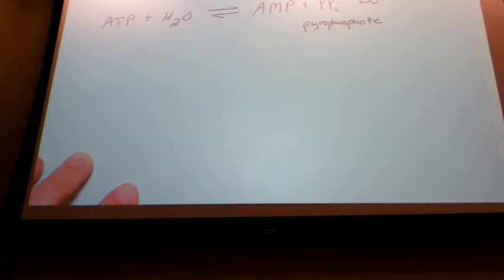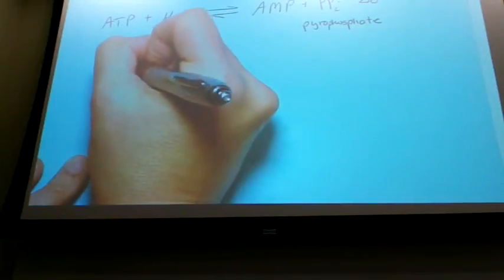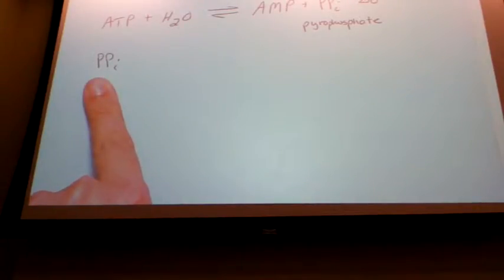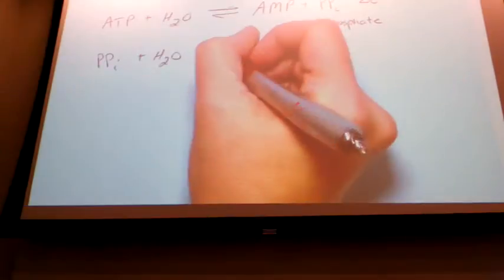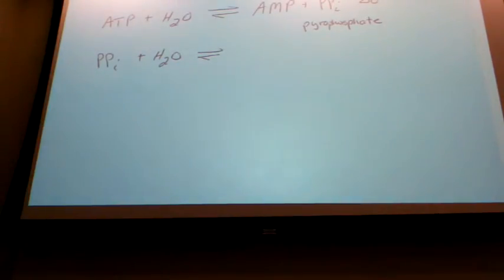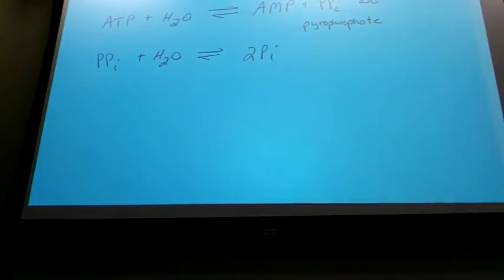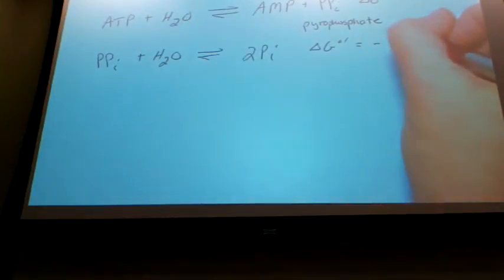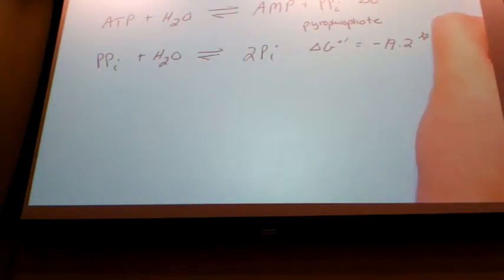The other very physiologically relevant reaction is hydrolysis of the pyrophosphate, and frequently you'll see this reaction coupled with the previous one, where both happen in sequence. If I add water to the pyrophosphate, I get 2 Pi, two inorganic phosphates, and that standard free energy change is another negative 19.2 kilojoules per mole.